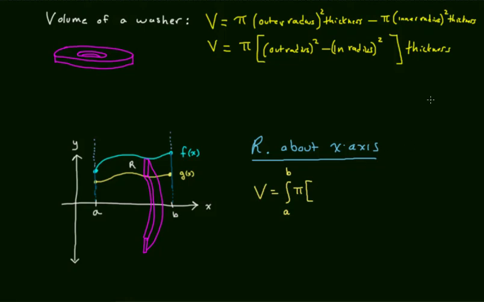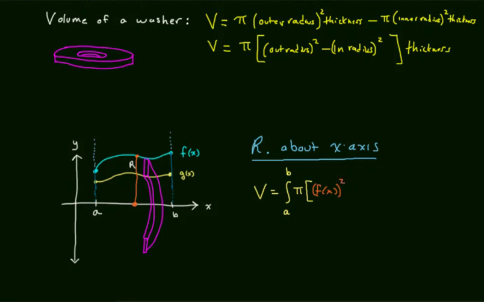I'll use a different color here. The outer radius is going to be from the function to the axis of revolution. See, we're revolving around the x-axis, so this helps me to clearly see that the outer radius is this function f of x, and we have to square the outer radius.